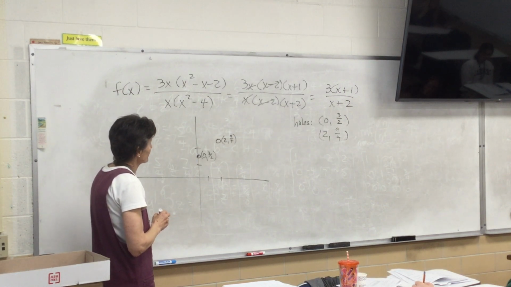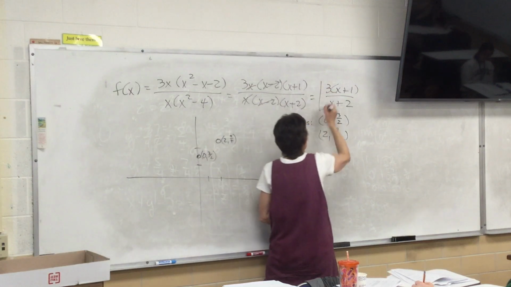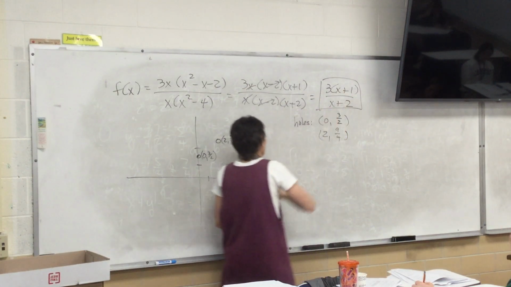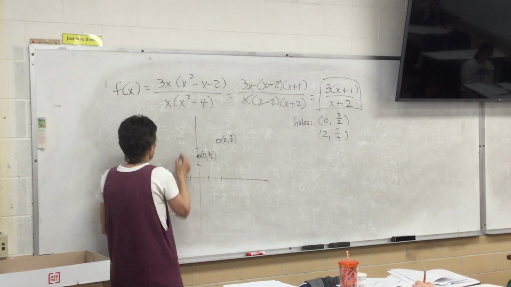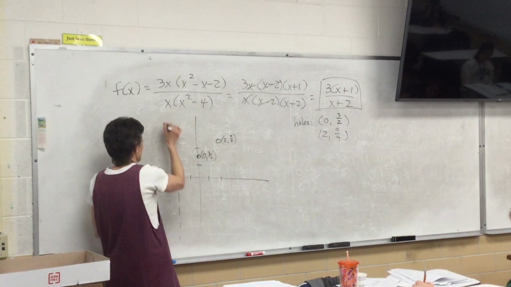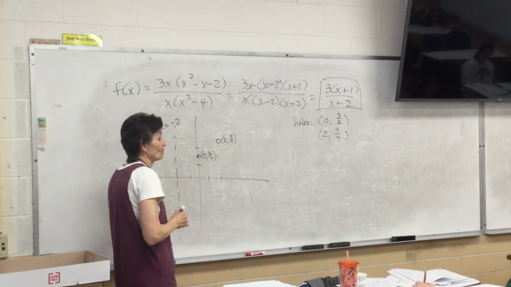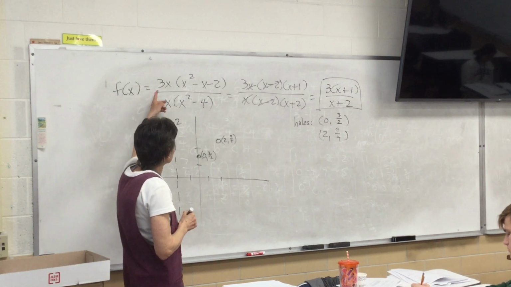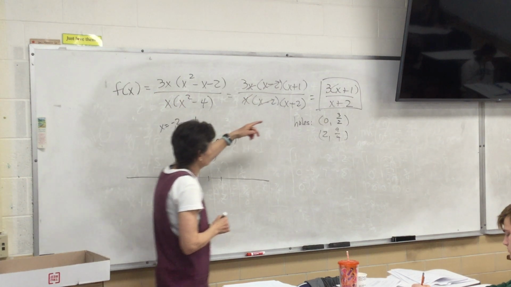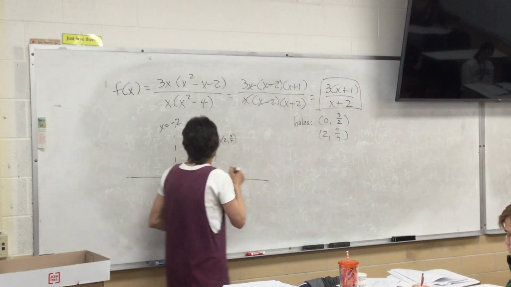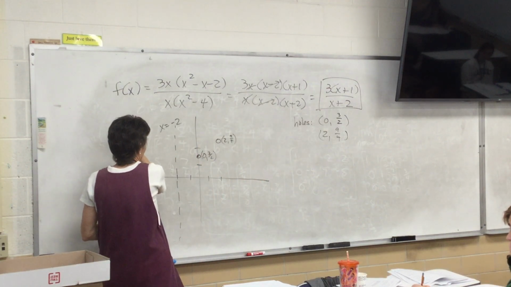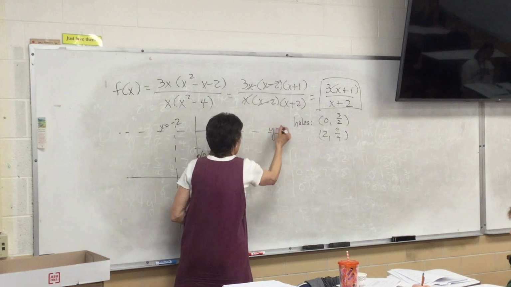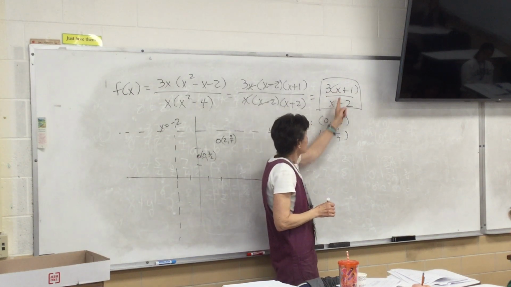Now, what else? Well, let's look at this guy right here. I have a vertical asymptote at -2, because that's where my denominator would be 0. I have a horizontal asymptote at y equals 3, because 3x over x.